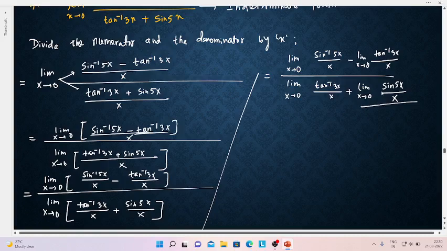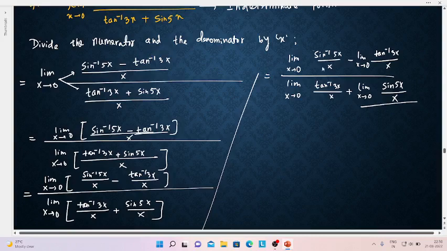In this particular limit formula, the inverse and the general trigonometric function work almost the same, like limit x tends to 0 sine x over x is 1 and limit x tends to 0 sine inverse x over x is also 1. You don't need to think about this.